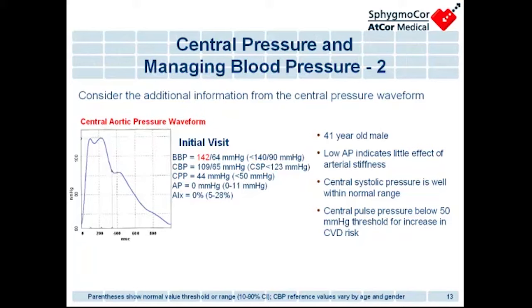But if we changed this person's age and made him 31 or maybe 29, and we shifted his central pulse pressure to, let's say, 40, then I think you could have a very good argument for saying you want to follow this person, you want to treat them with non-pharmacologic means, because we just don't have the data in someone with normal renal function, in the absence of diabetes, to treat the blood pressure at that age.